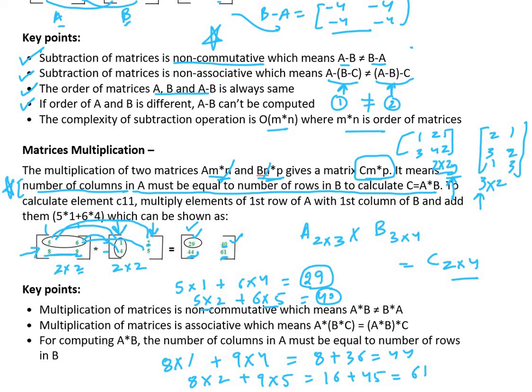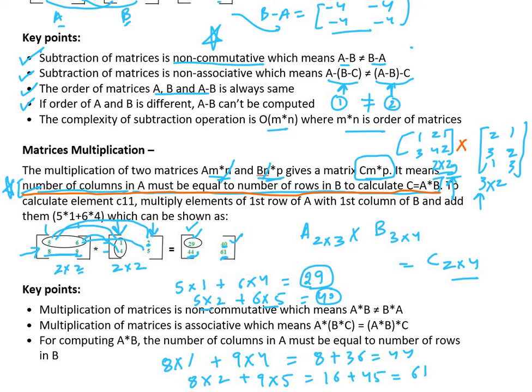Number of columns in A must be equal to the number of rows in B to calculate A cross B. Let me highlight it with a different pen here so that you can remember it, because this is the most important point for matrix multiplication, and how we have to perform the operation I have already explained in detail. Similarly, we can try for 3 by 3 matrices, right?